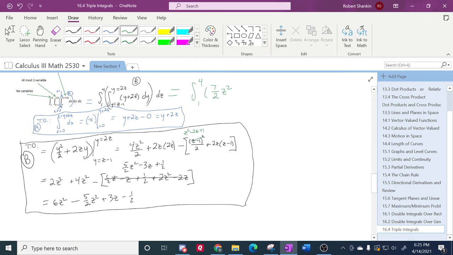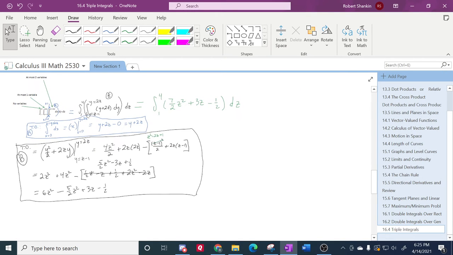So combine those two into 7/2 z squared plus 3z minus 1/2 dz. And then I'm going to have this come down to here equals, I need antiderivatives of these.